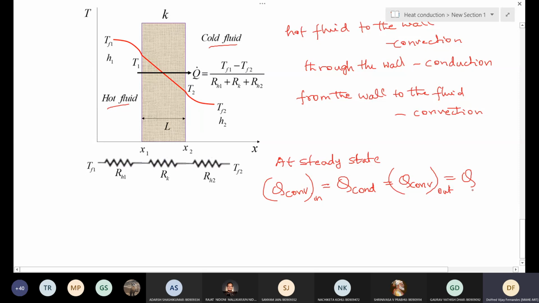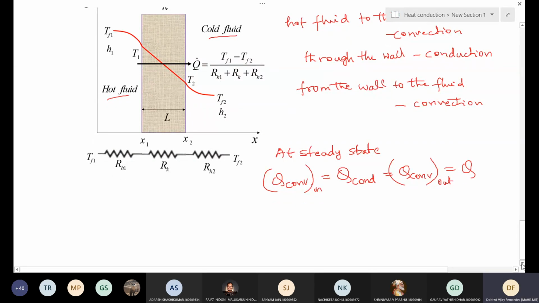Since it is the same, I will use the quantity Q only. Now to estimate convection heat transfer, which law do we use? Newton's law of cooling. So we can estimate Q equal to Q convection in.